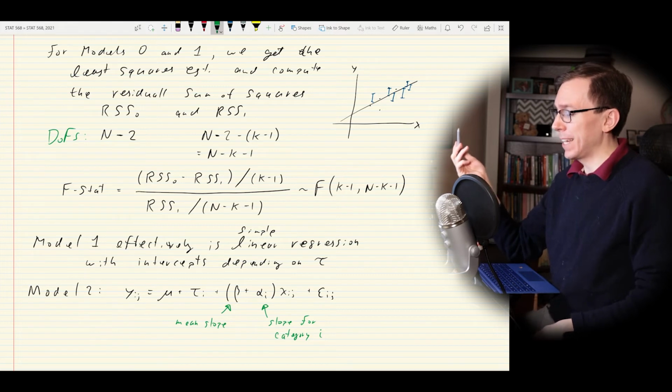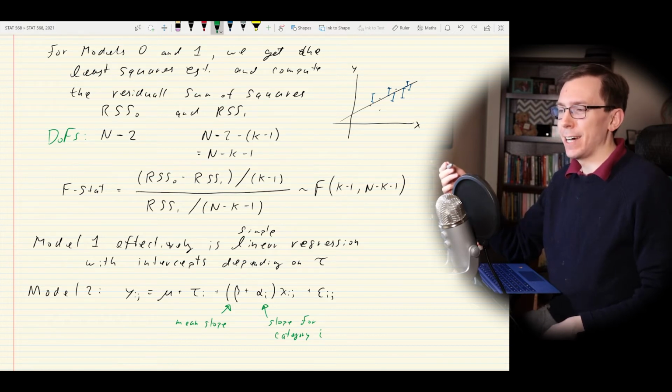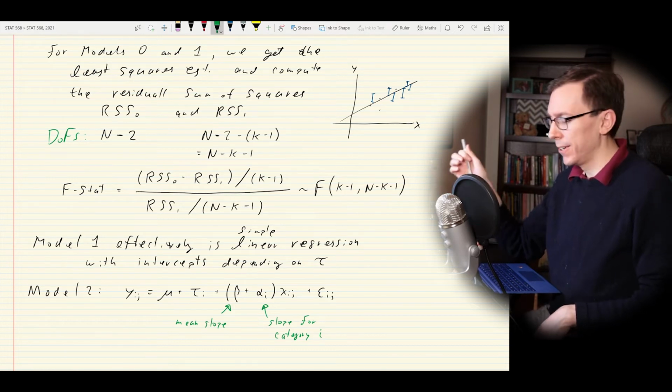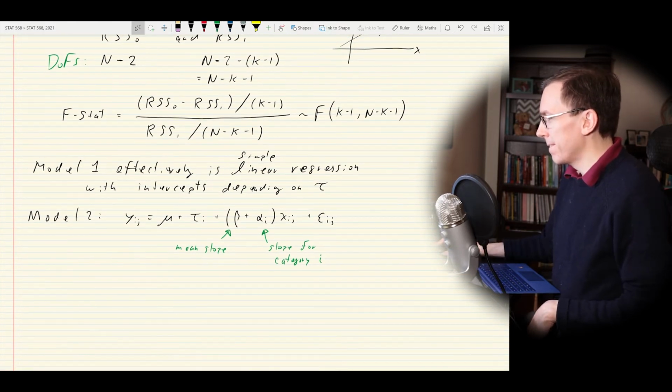So again, it's something else that can be considered, and you can test this model. You can test covariates affecting the slope as well for your lines. All right, so that's another way we can do this.